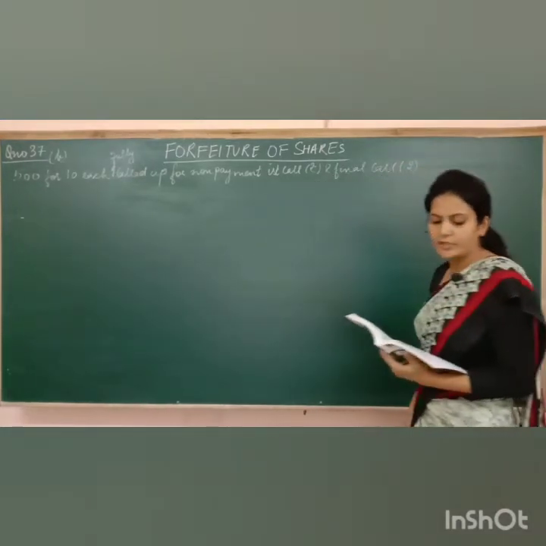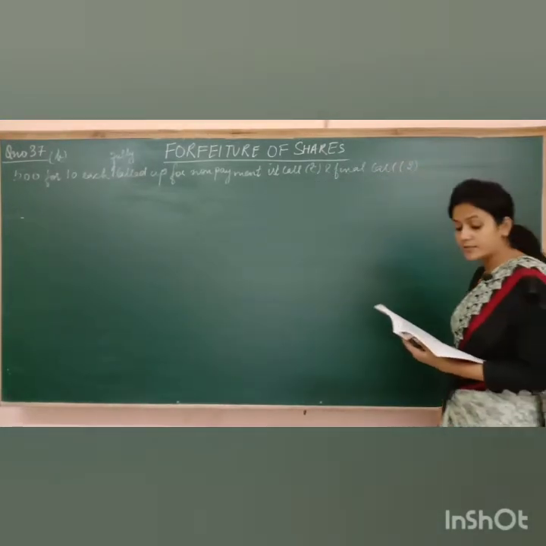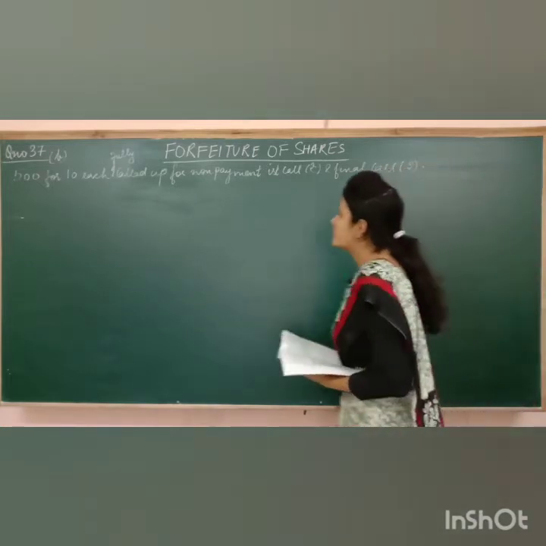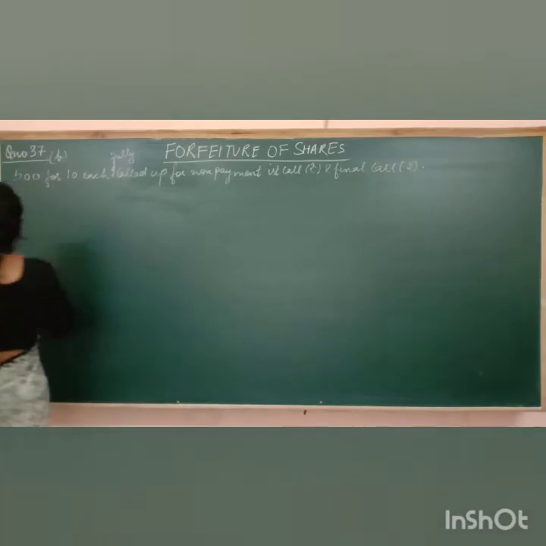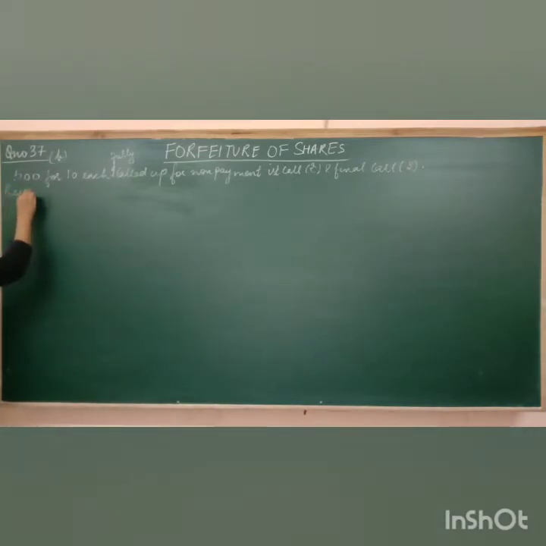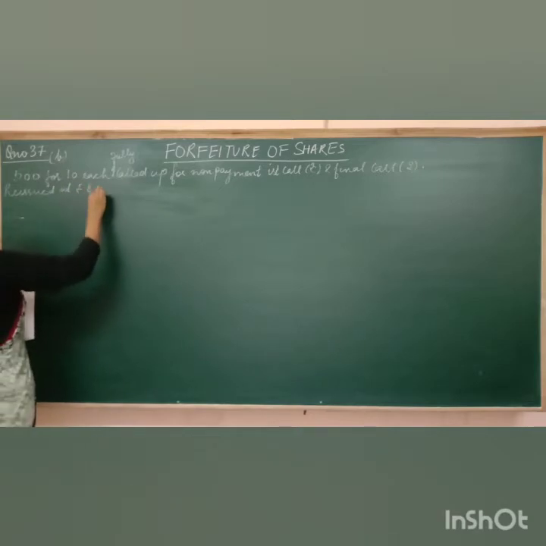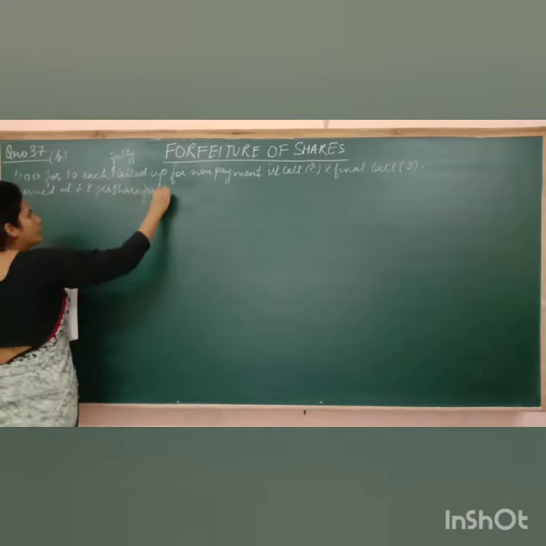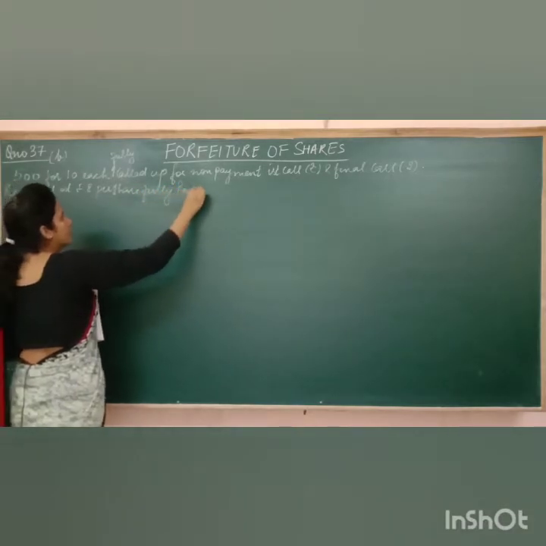All the shares were reissued as fully paid up for 8 rupees per share. Now these shares are reissued. We have reissued them at rupees 8 per share fully paid.